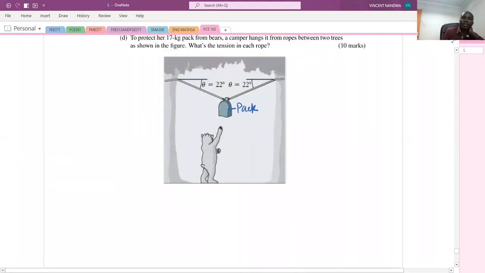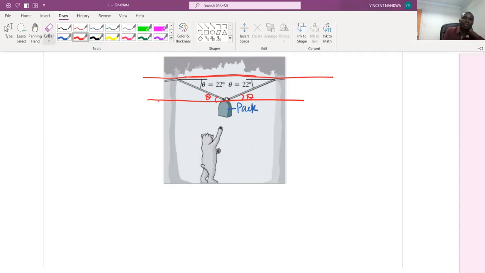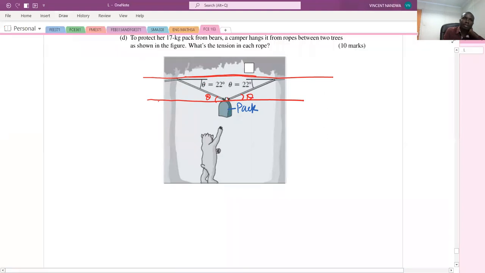At this point where the pack is tied, I can draw a horizontal line. Because this is a straight line, this is the same as theta, and this is also the same as theta, because this is a horizontal line parallel to the line I've drawn where the pack is tied.